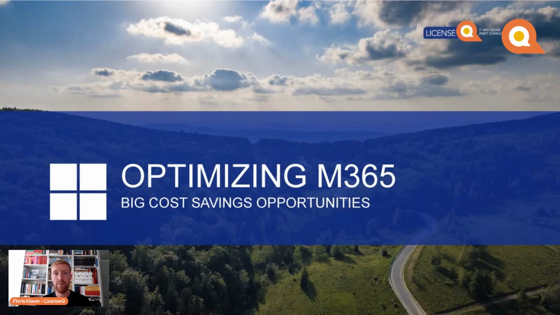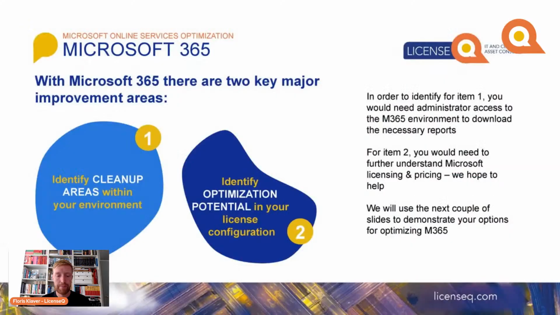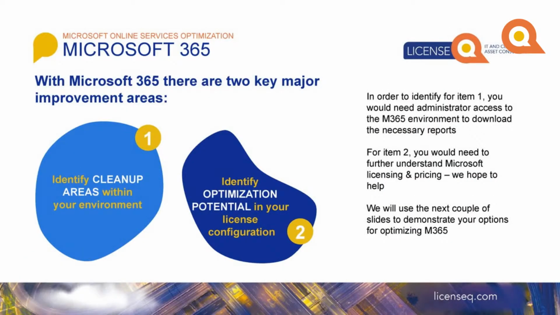But we also want to take some good amount of time for Microsoft 365, because this is where a lot of optimization potential is, and where we find on average a 10 to 20% optimization. So what are we going to look at? With Microsoft 365, we basically see two key major improvement areas.